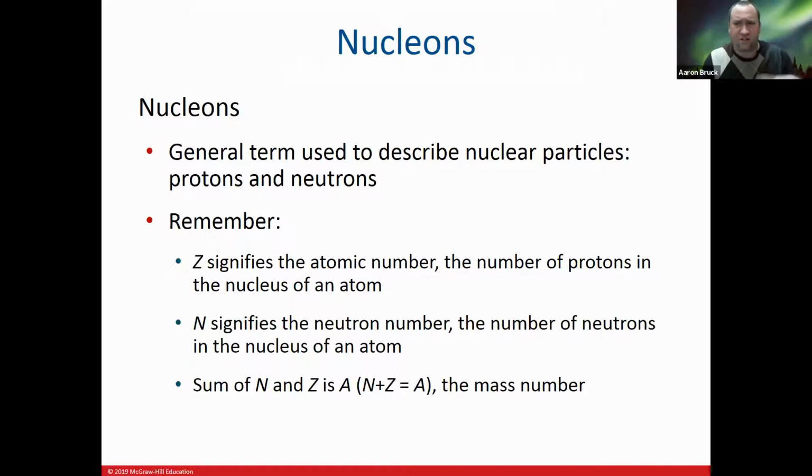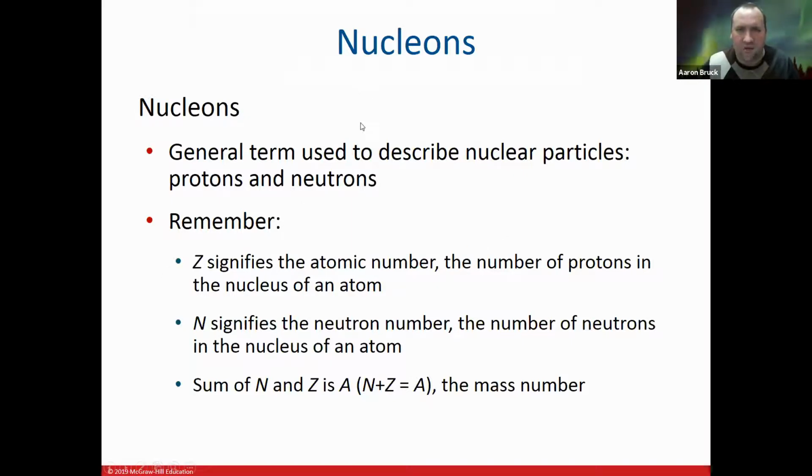This goes back to, I think, chapter 2, when we talked about isotopic or other kinds of notation. The term Z represents the atomic number, that is the number of protons in a nucleus. N represents the neutron number, the number of neutrons in a nucleus. And the sum of those, N and Z, gives us A, the mass number.